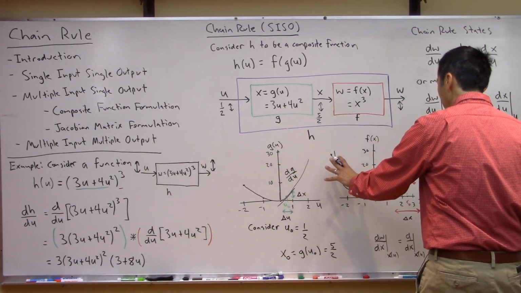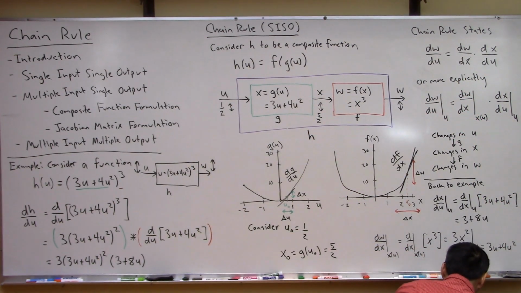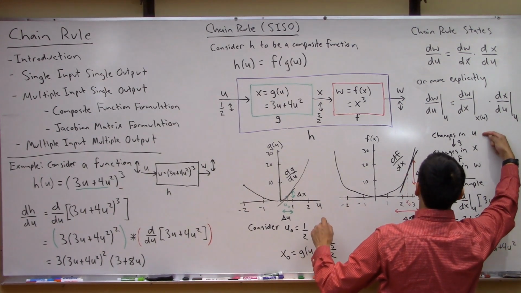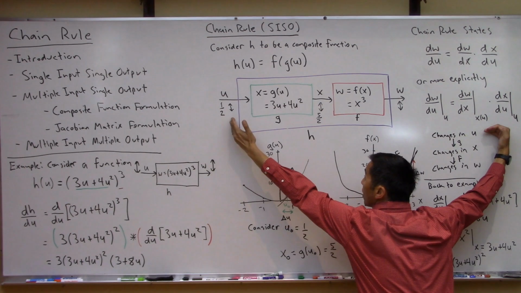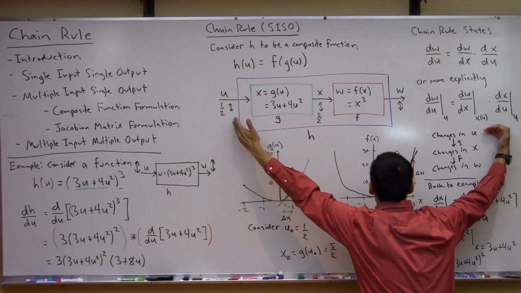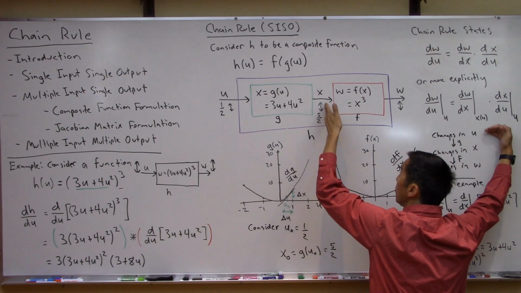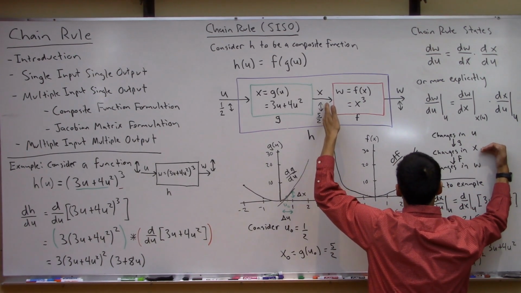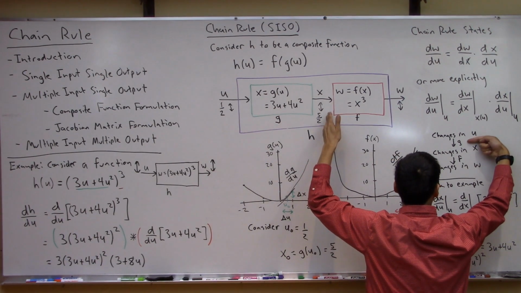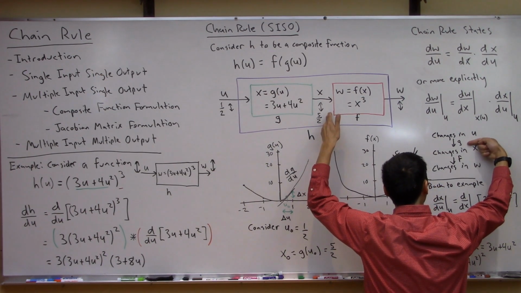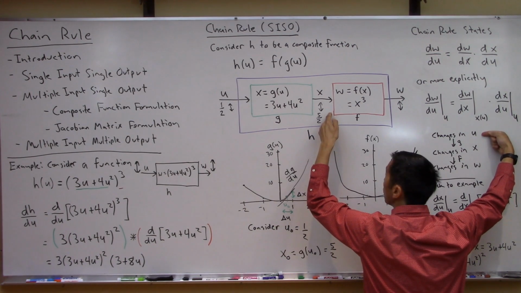All the chain rule is saying is that, to get that answer, you start with a change in u of the input here. This perturbation is going to produce a perturbation in this intermediate variable x right here. The way this happens is it has to go through the function g. So g dictates how x changes with respect to a change in u, right?